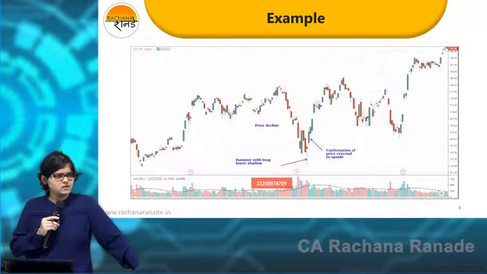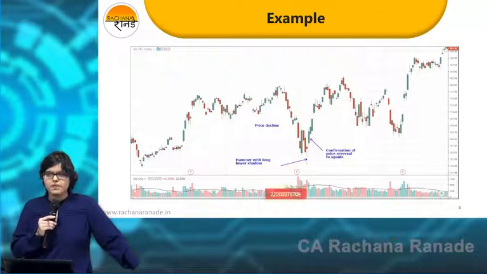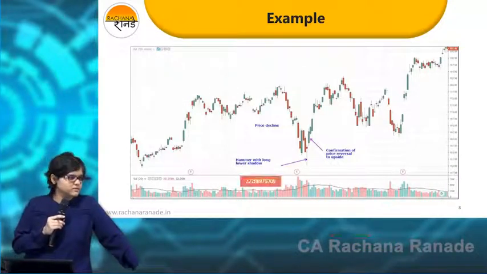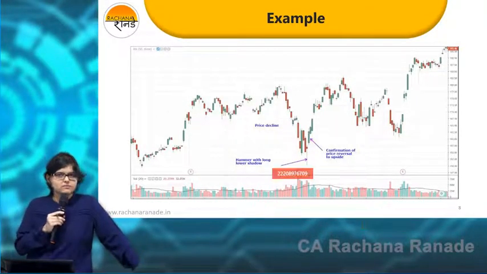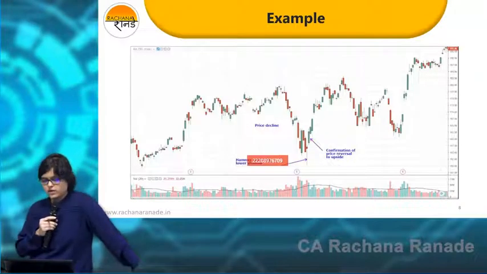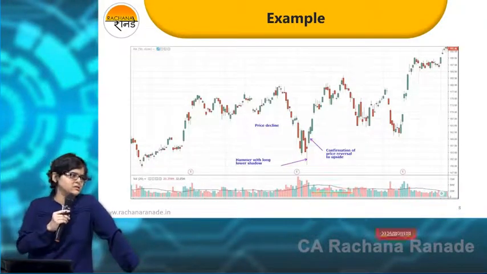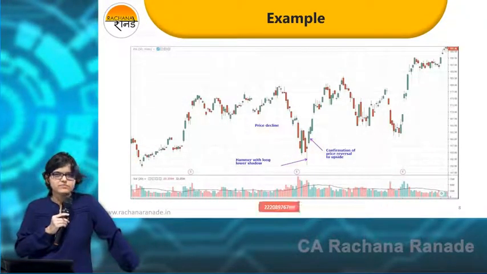What did I say? Confirmation is to be taken, in brackets, a big bullish candle should be the immediate next candle.